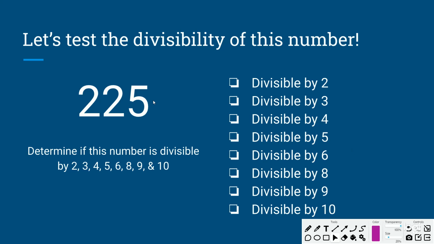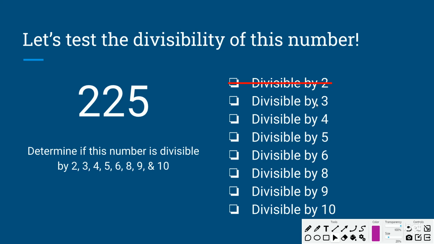Let's move on to the next one, which is 225. So the first one is, is this number divisible by 2? Well, the last number is an odd number. It is 5, so it is not divisible by 2. If I add up all these numbers, I have 2 plus 2 is 4, 4 plus 5 is 9. Is 9 divisible by 3?